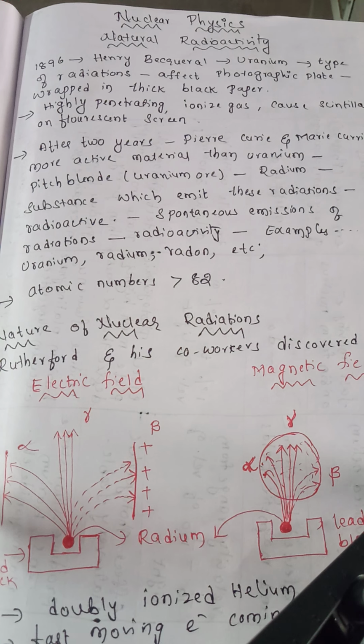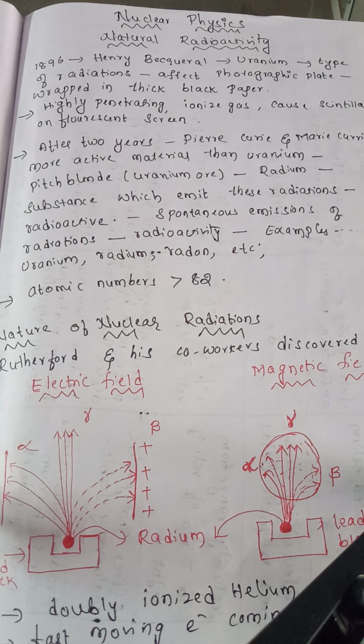Now after 2 years, Pierre Curie and Marie Curie took pitchblende ore of uranium. They did experiments on this and found that this substance emits more intensified radiations compared to that of uranium, and they named this substance radium. The substance which emits radiations spontaneously, we call a radioactive substance.